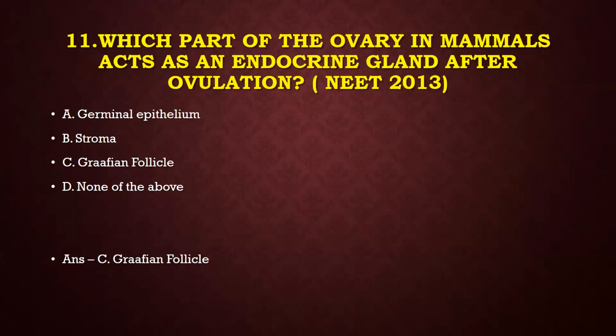An endocrine gland is something which produces hormones for the regulation of the body. It releases luteinizing hormone, that is LH, follicle stimulating hormone, which is FSH, estrogen and progesterone. All these hormones are important for your menstrual cycle, fertility, puberty, pregnancy, parturition and gestation as well.